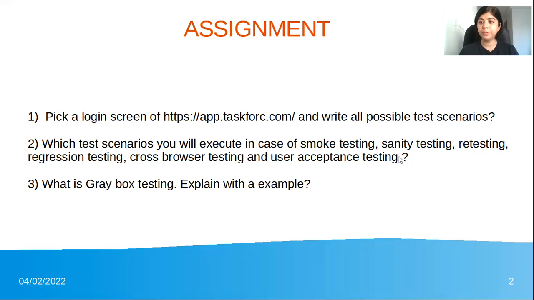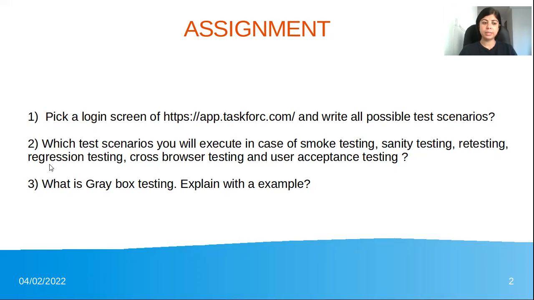When the developer fixes the bug and resends the build, we test that particular password field itself again and again to check whether the bug has been fixed or not, and the areas around that field, the areas linked to that field as well. So that is called retesting in this taskforce.com application.